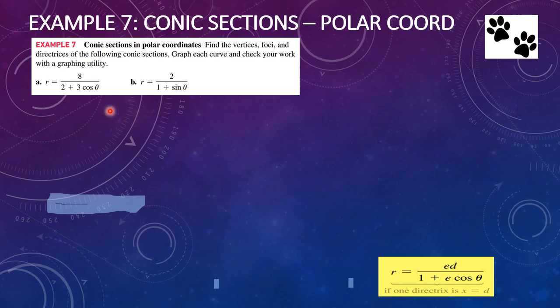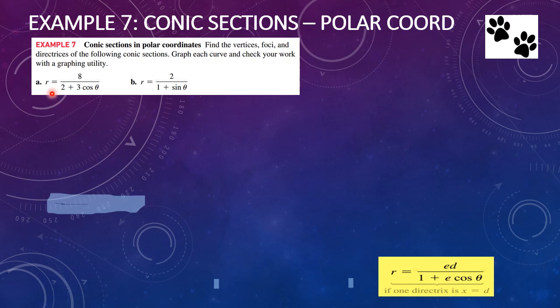When we're trying to graph the first one, notice that in the denominator, we're trying to create the look of 1 plus e cosine theta, and yet we have 2 plus 3 cosine theta. So we need to get this constant changed to a 1, and then the coefficient in front of cosine theta will be equal to the eccentricity.